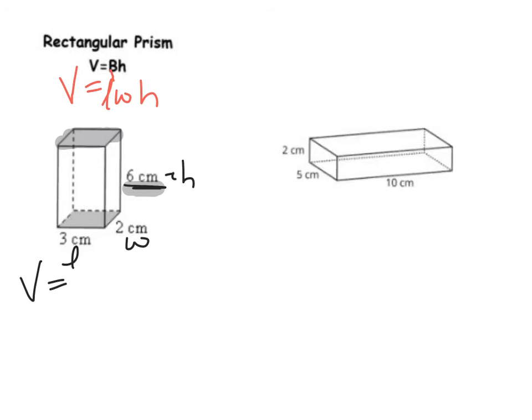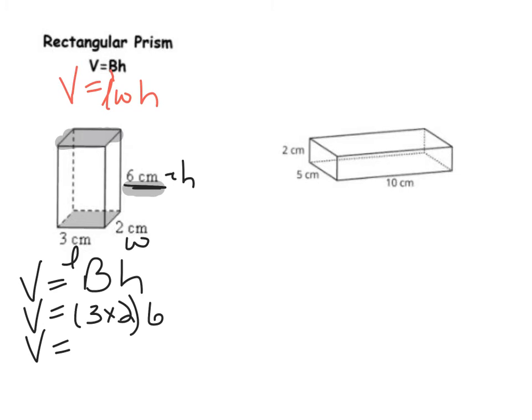So V equals capital B and H. Capital B is going to be 3 times 2 times 6. 3 times 2 is 6, and 6 times 6 is 36. So the volume of this is going to equal 36 cubic centimeters.